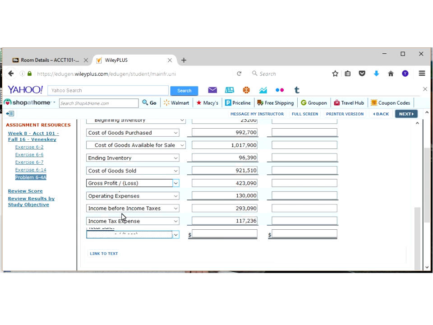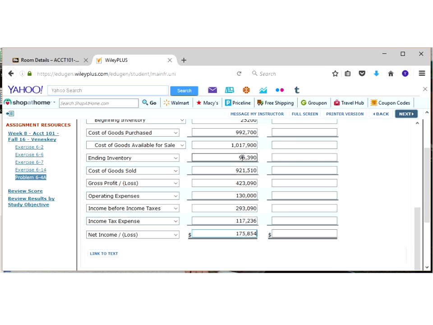Now I can finally get my actual net income by taking the 293,090 and subtracting out the 117,236, and I'm left with a net income of 175,854.